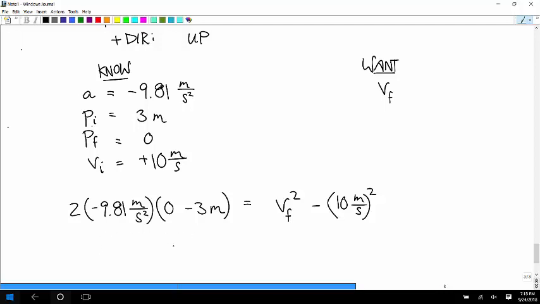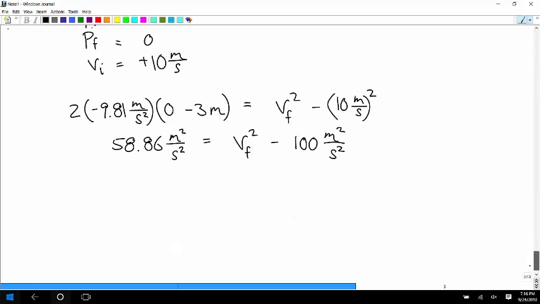If you multiply out all the stuff on the left side, you get positive 58.86 meters squared per second squared. And on the right side, you get v_f squared minus 100 meters squared per second squared. Then you can add 100 meters squared per second squared to both sides.